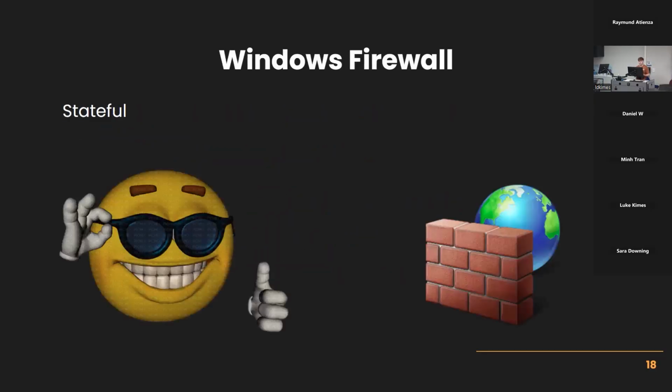Windows Firewall is the last main important thing we'll go over. The main thing that you should know about it, if you attended the networking and Linux weeks before, is that the main difference between this and iptables on Linux is that the Windows host firewall is automatically stateful, which means you don't have to explicitly allow connections inbound and outbound for the same thing in order for it to work.